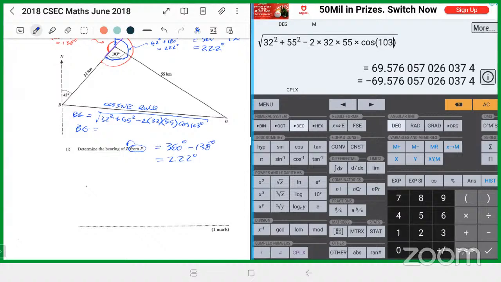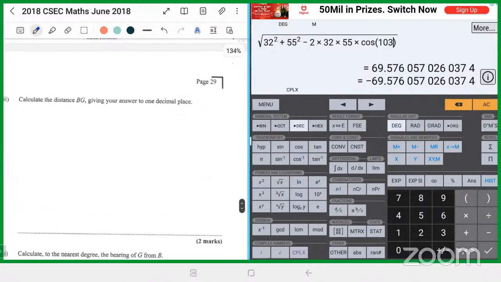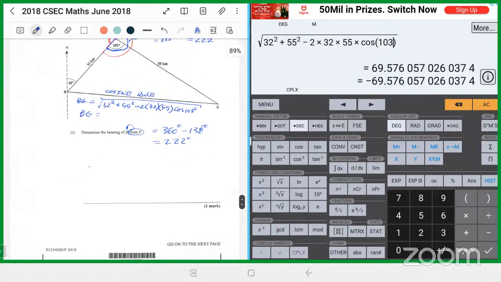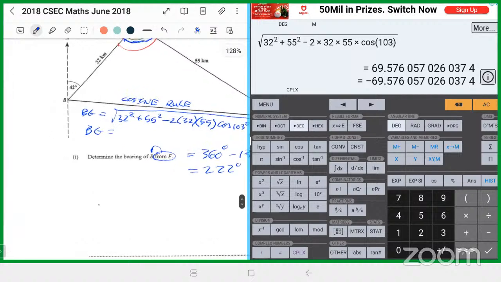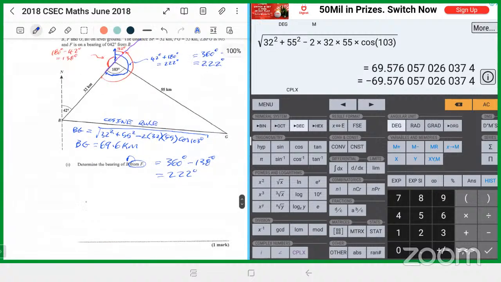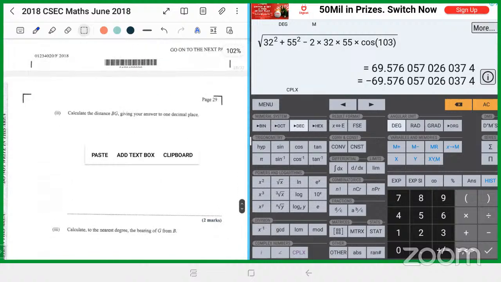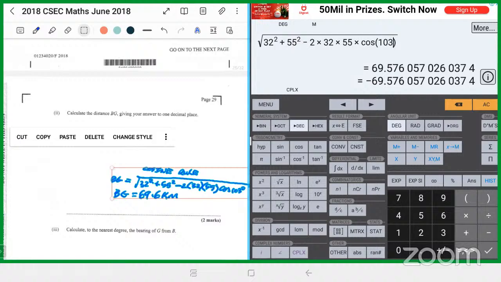How many decimal places? It's 1 decimal place, so it's 69.6 kilometers. I can copy all of this down to the next page, for 2 marks. And that is it.